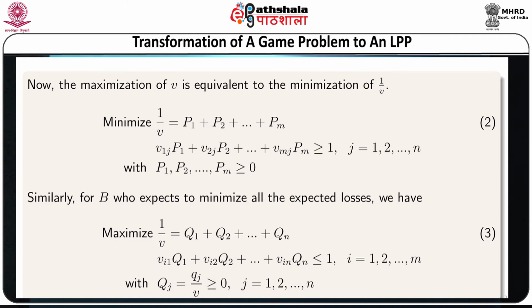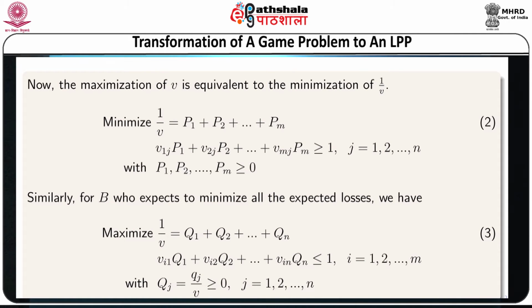It is easy to notice that problem 2 and problem 3 are dual to one another. If I consider problem 2 as the primal one, problem 3 is its dual.